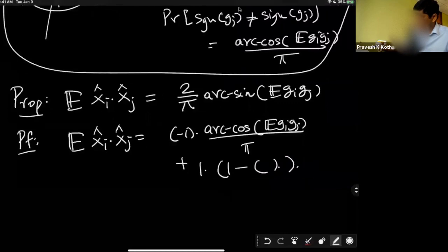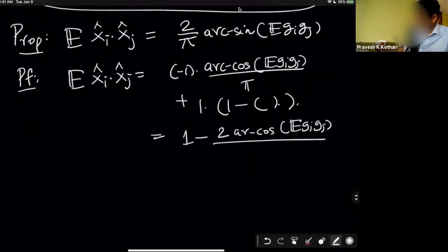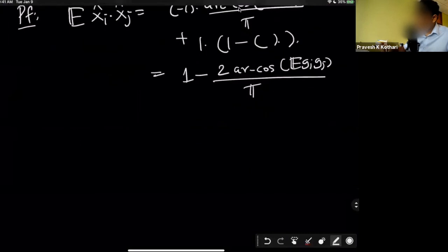Now if you do simple math, you get that this correlation equals 1 minus 2 arc cosine of E[g_i g_j] over pi. Now I'm going to use elementary trigonometry to confirm that this is pi over 2 arc cosine.